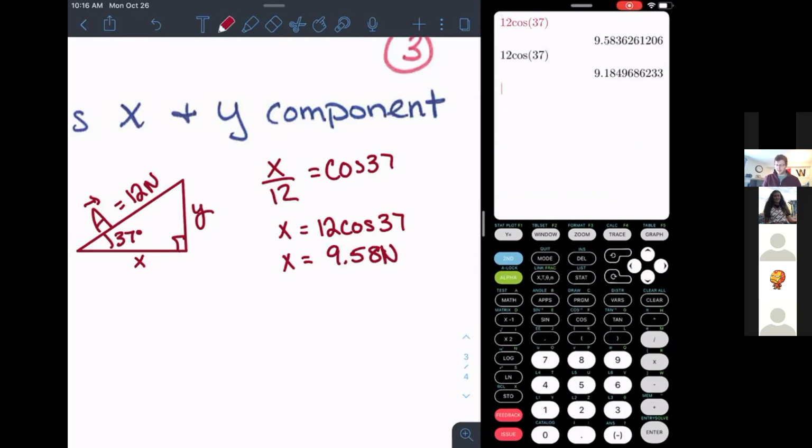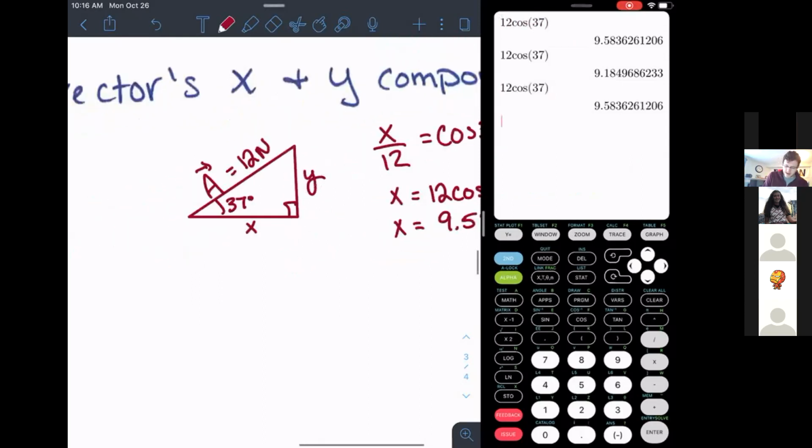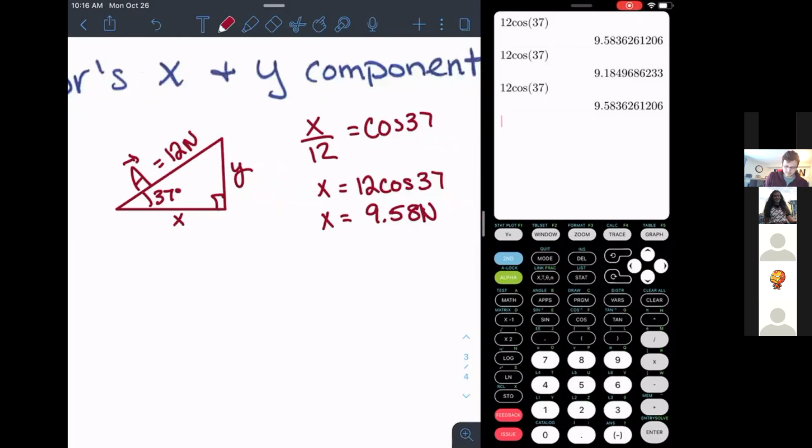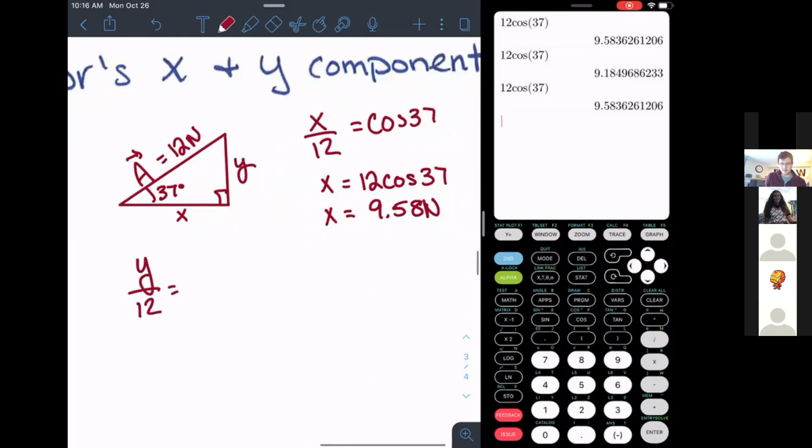All right, so we should get 9.58 newtons. And then if we do our y, how do we find y? Cosine of 37 equals y over 12. Sine or cosine? I mean, sine. There you go. Sine of 37 equals y over 12.